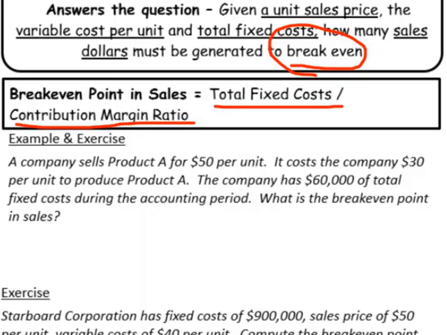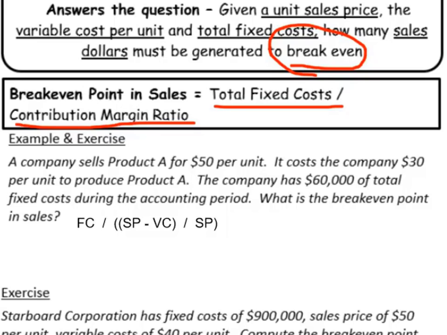We have a company that sells product A for $50 a unit. It costs the company $30 a unit to produce product A. The company has $60,000 of total fixed cost during the accounting period. So what's the break-even point for this company in terms of total sales?